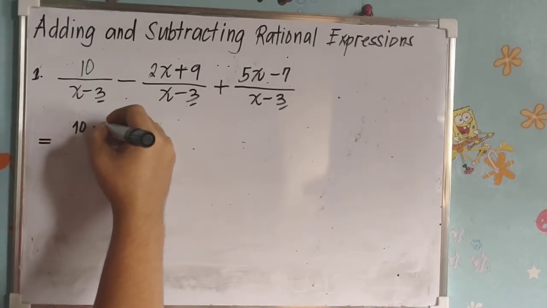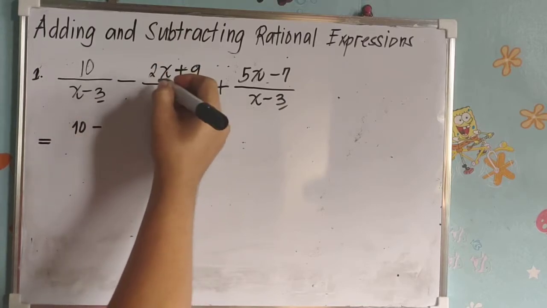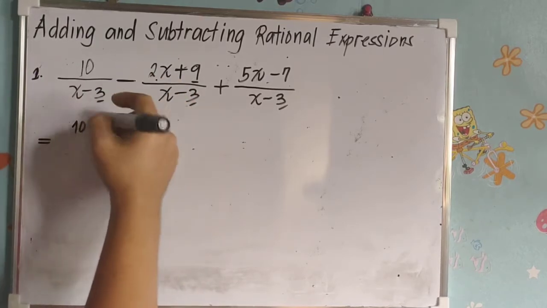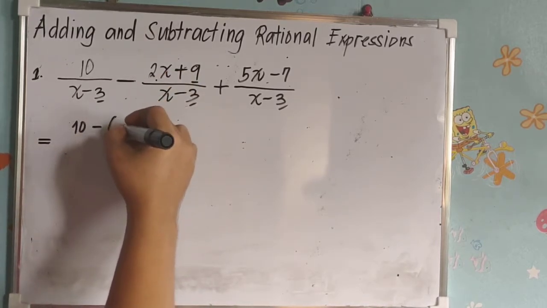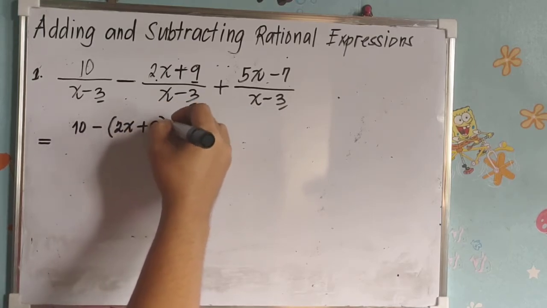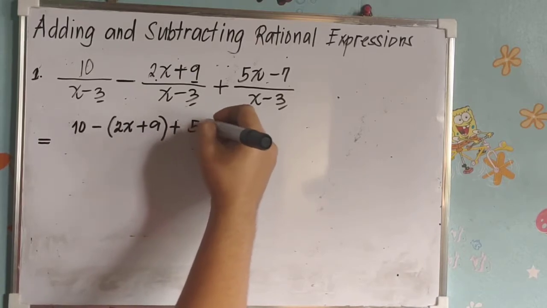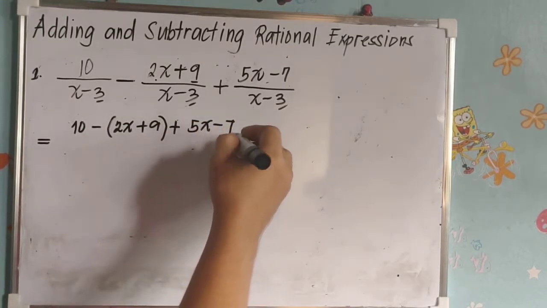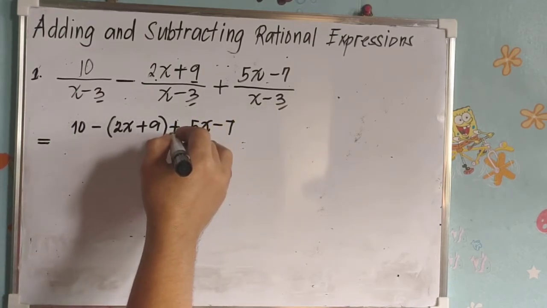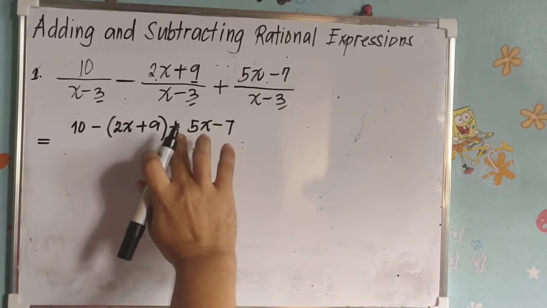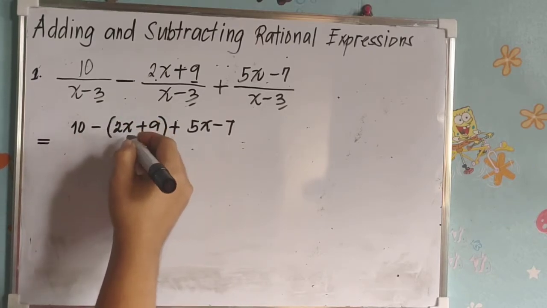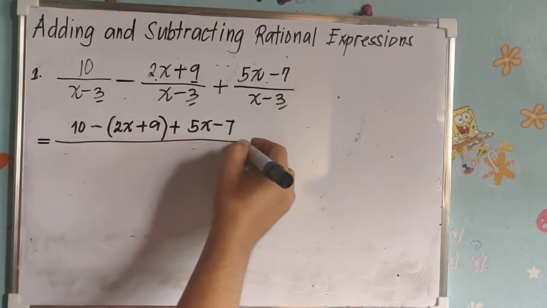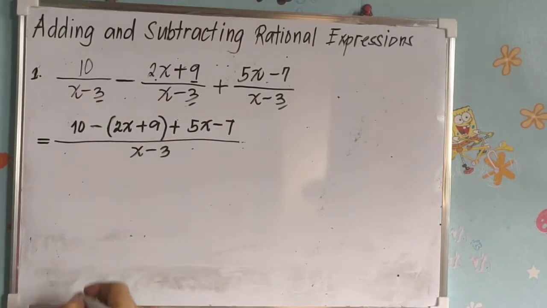So we have 10 minus, since there are 2 terms preceded by the subtraction sign, we need to enclose this in parentheses, 2x plus 9 and then plus 5x minus 7.